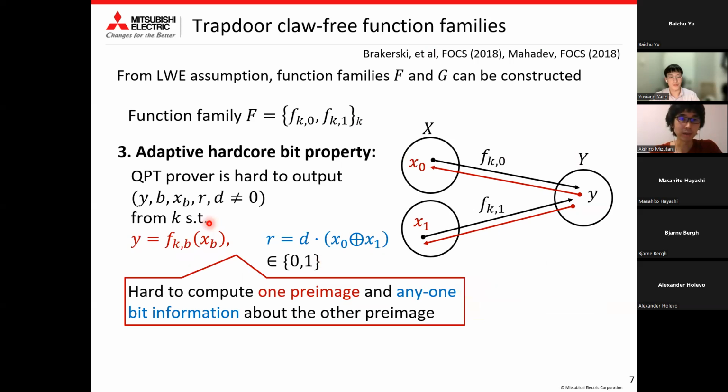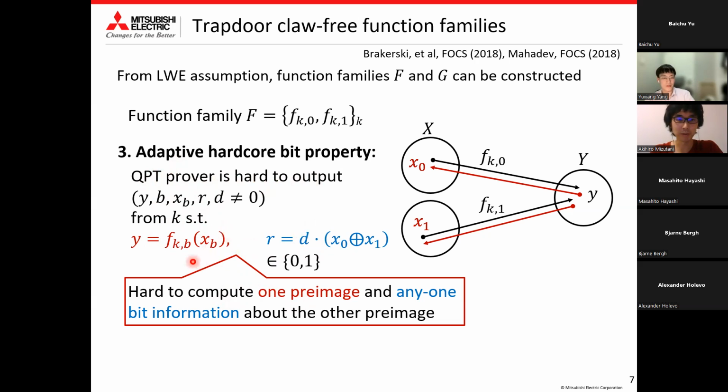The third property of this function family is the adaptive hardcore bit property. It says that a quantum polynomial time prover finds it hard to output these five parameters from the public key K such that these two conditions are satisfied. This means that it is hard to compute one preimage and, here, an inner product, where D can be freely chosen by the prover.